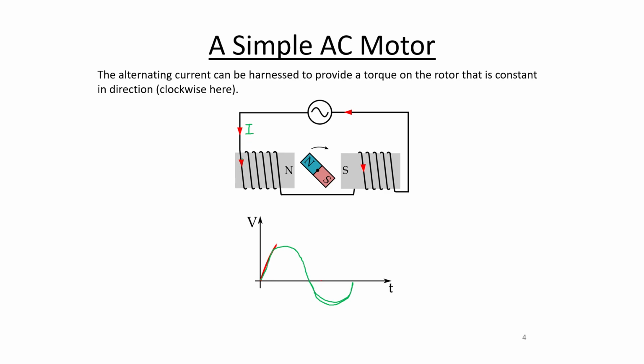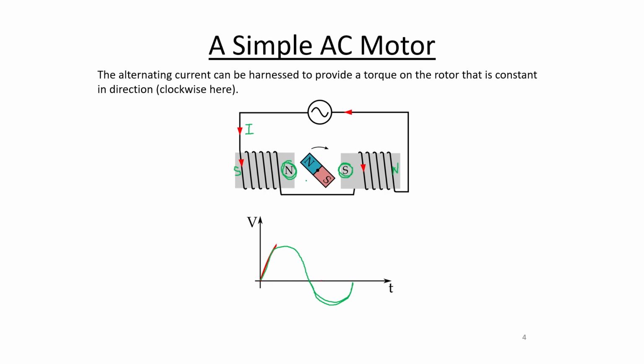And so this current is going to create, if you check the right-hand rule, a north pole on this electromagnet closest to the rotor. Of course, would be a south pole over here. And on this one, if you check your right-hand rule, you get a south pole on the end closest to the rotor, and that would correspond, of course, to a north pole on the end that is far away, and we don't really care about that much.